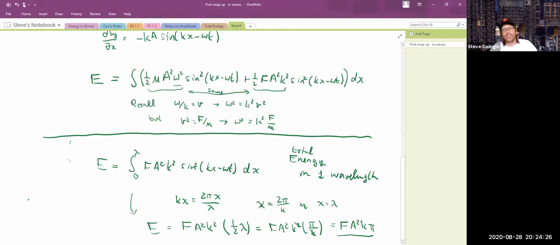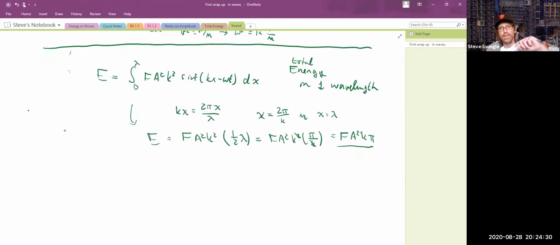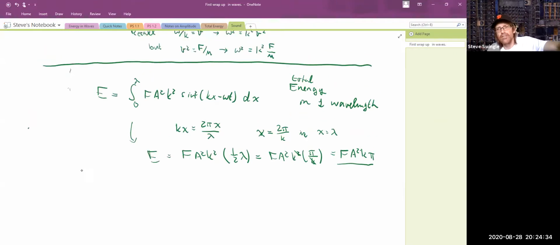That's how much energy there is in one wavelength of a traveling wave. That's the total energy, and it's in terms of the tension and the wave number.